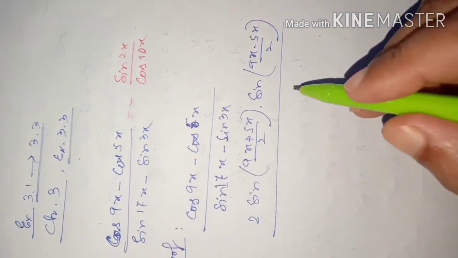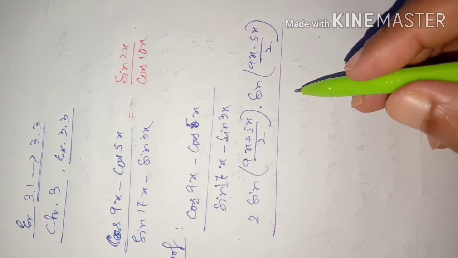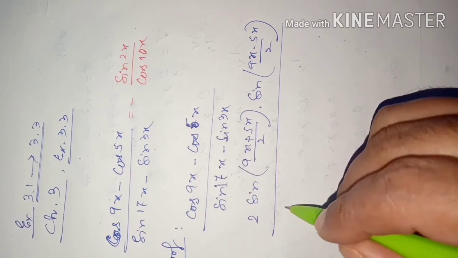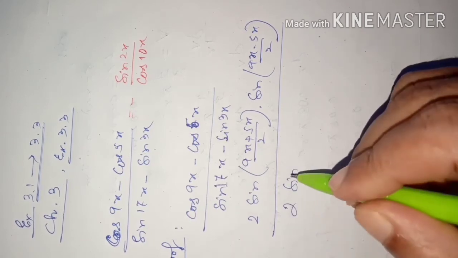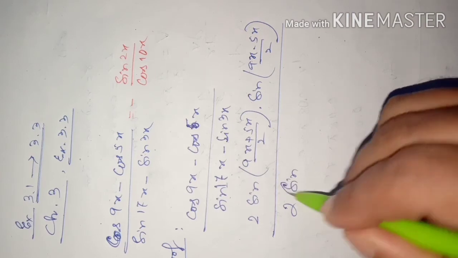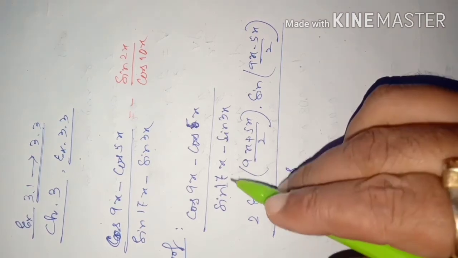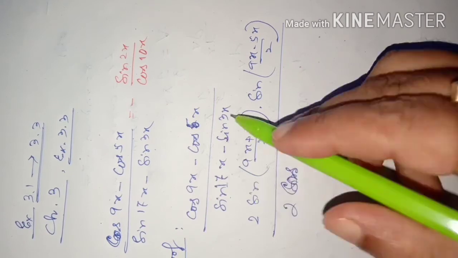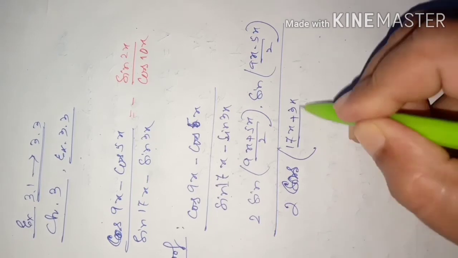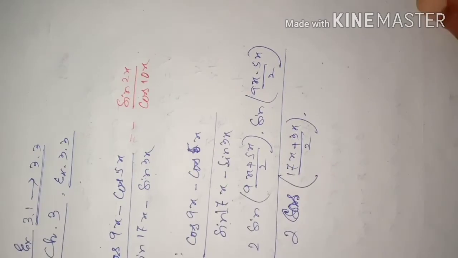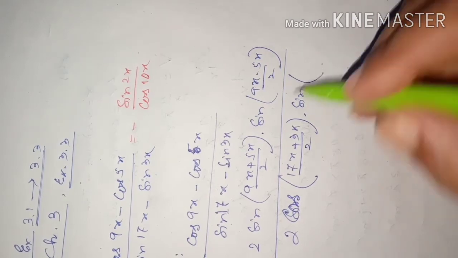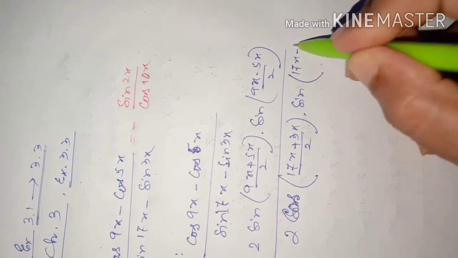Sin a minus sin b, that is sin x plus y minus sin x minus y. What was that? 2 cos x sin y. So it will be 2 cos of (a plus b) by 2, (17x plus 3x) by 2, into sin of (a minus b) by 2, that is (17x minus 3x) by 2.